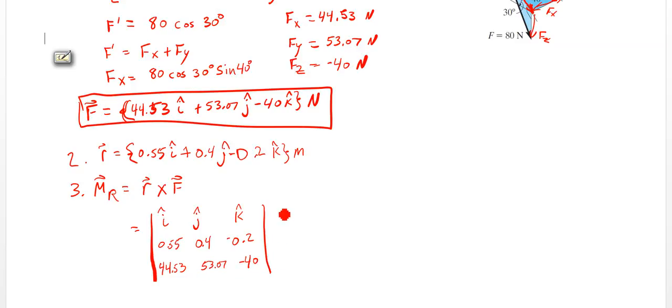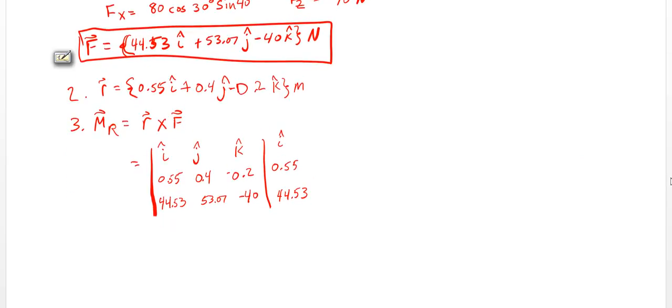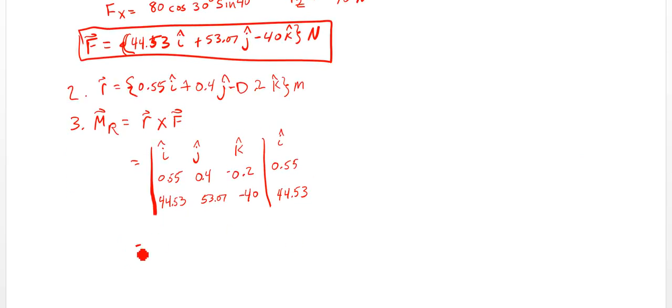I'm going to copy down my first column here to make crossing for my j a little more convenient. That equals i times, we're going to cross this area: negative 40 times 0.4 minus negative 0.2 times 53.07. That's our i's.